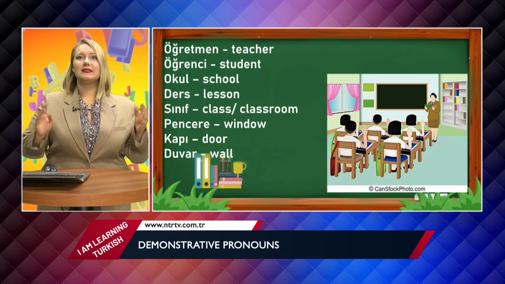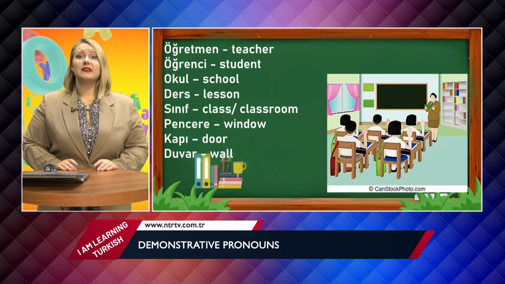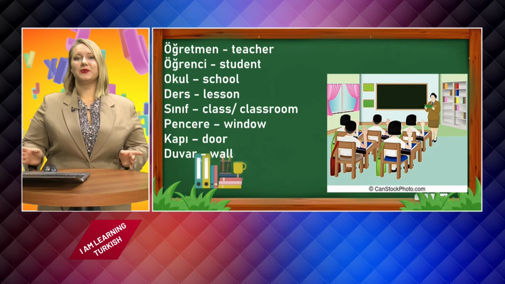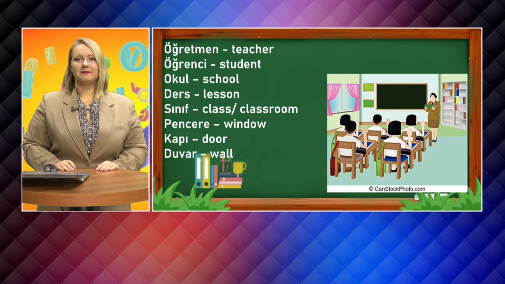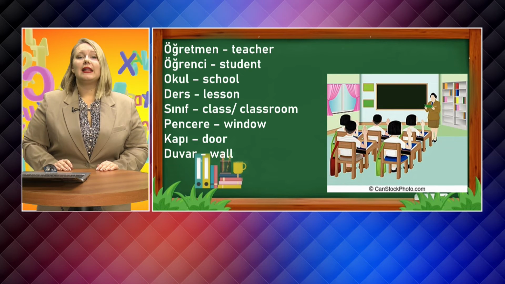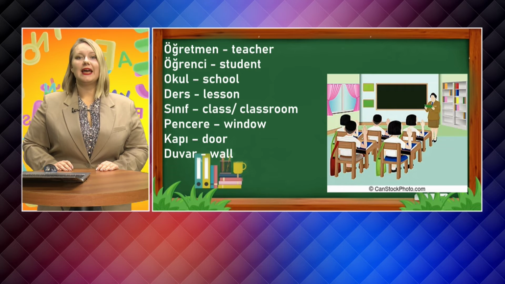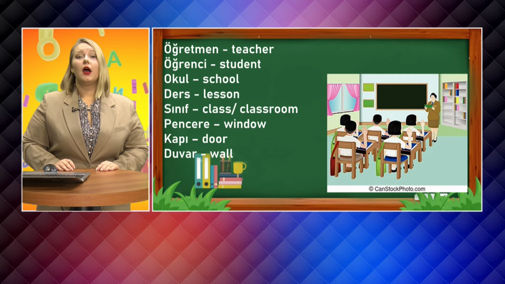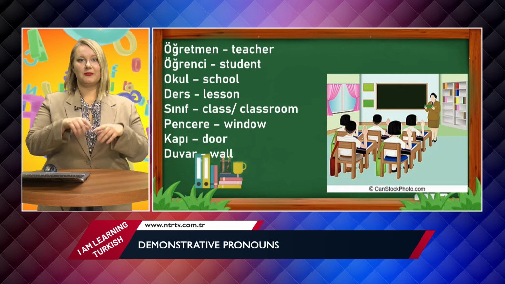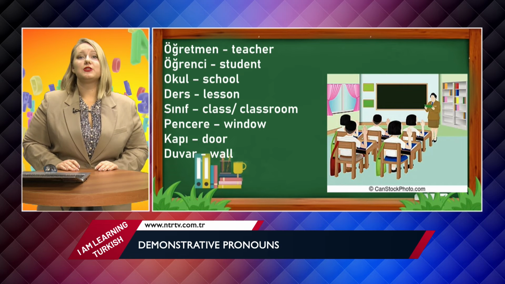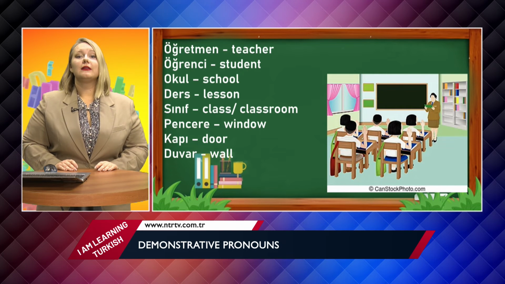And we can think that our TV is a big school, which means okul in Turkish. We have a lesson, which means ders. And sure, our screen for today can be our classroom, sınıf.